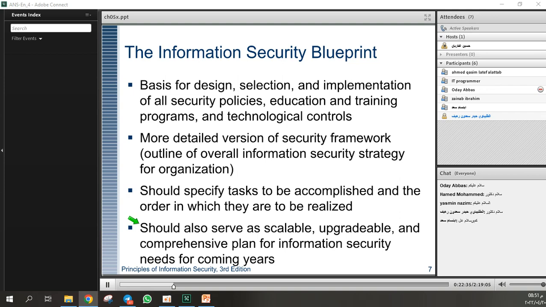So my information security blueprint must grow. It must be scalable, upgradable, and comprehensive because of new issues, because of niche issues in the upcoming years.